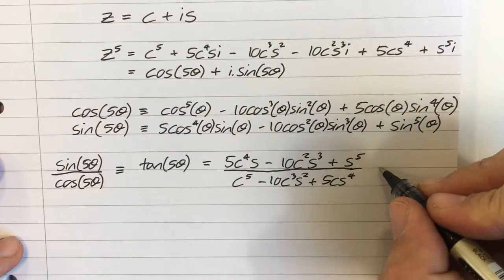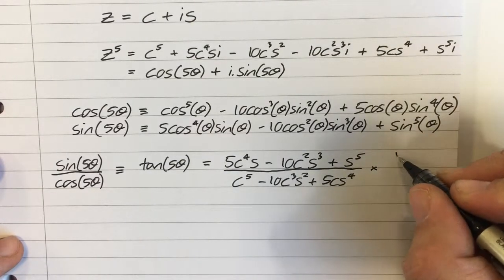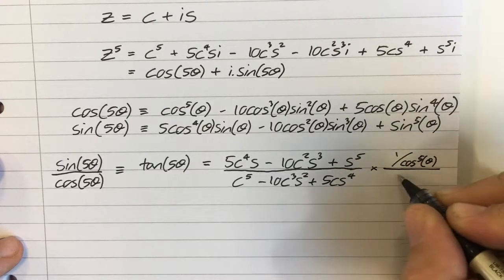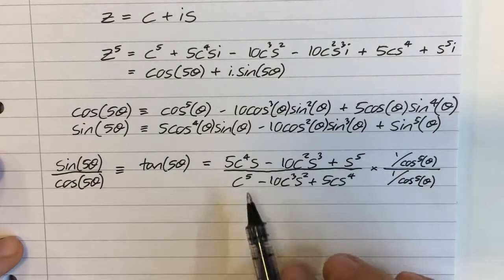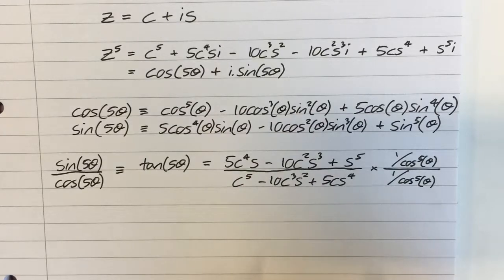Now what I'm going to do is multiply top and bottom of this fraction by 1 over cos to the 5 theta, just to get rid of these coses and sines, and that's going to give me lots of tans in their place.